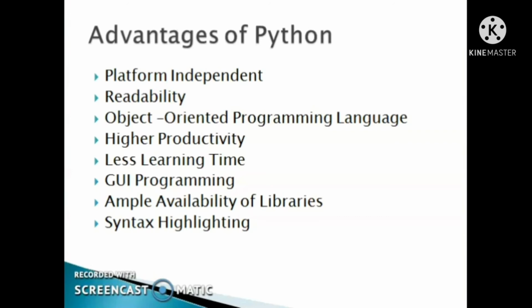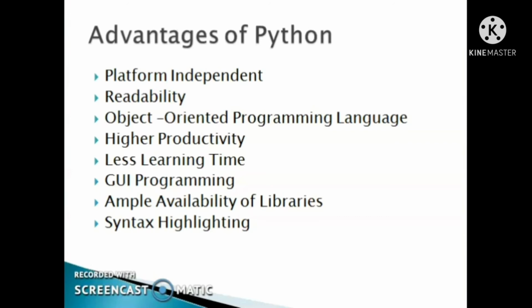Platform independent means it can run across different platforms like Windows, Linux, Mac OS, and other operating systems.